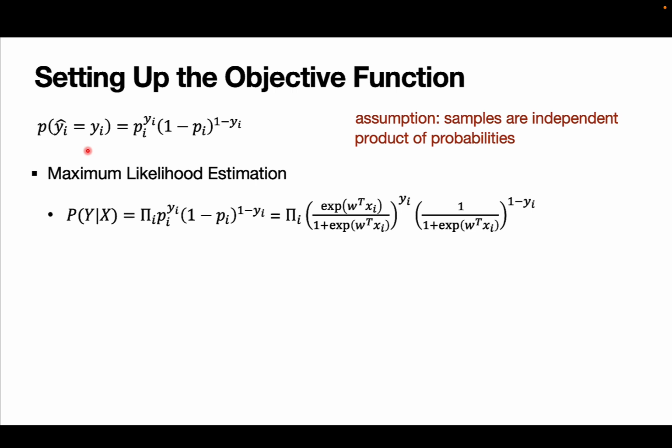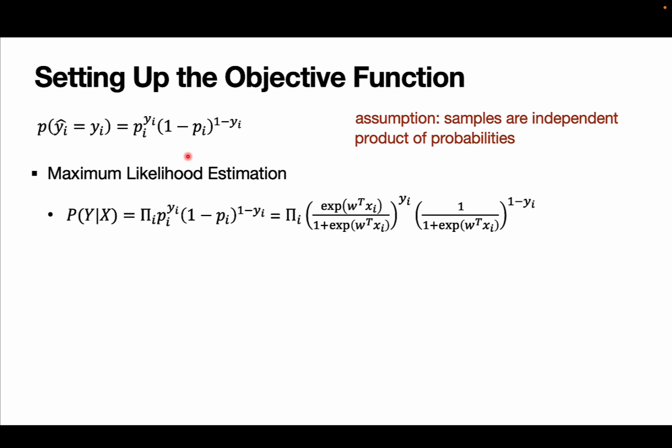We start with the probability of the predicted label yi hat being equal to the actual label yi. This is the likelihood function for a single observation based on the Bernoulli distribution.